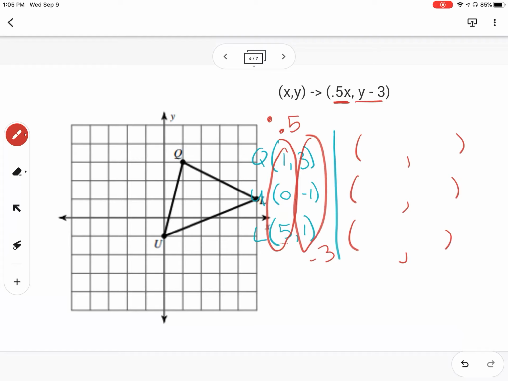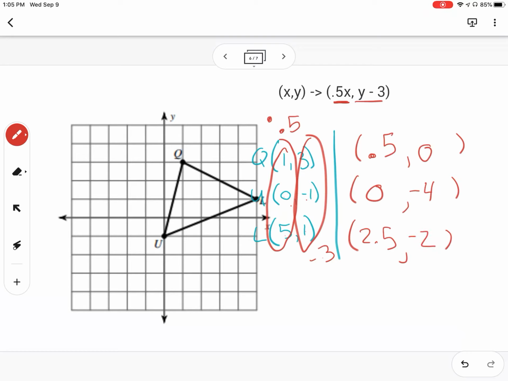So all of my x's get multiplied by 0.5, so I get 1 times 0.5 is 0.5, 0 times 0.5 is 0, 5 times 0.5 would be 2.5. Then all my y's are going to minus 3. 3 minus 3 is 0. Negative 1 minus 3 is negative 4.